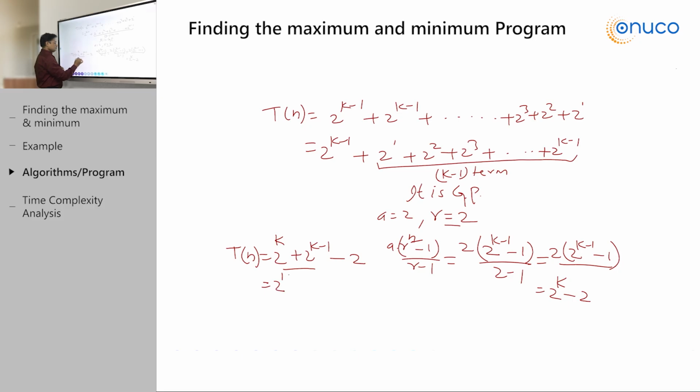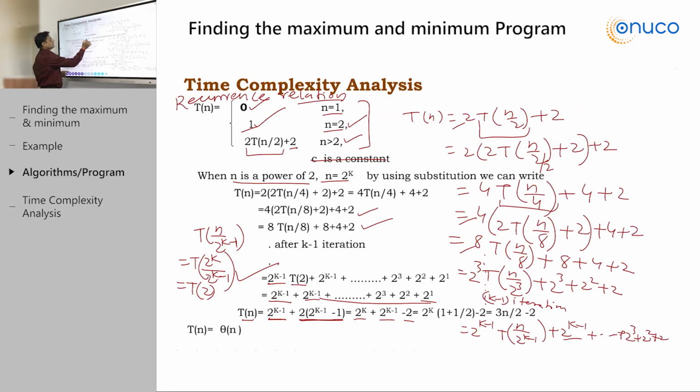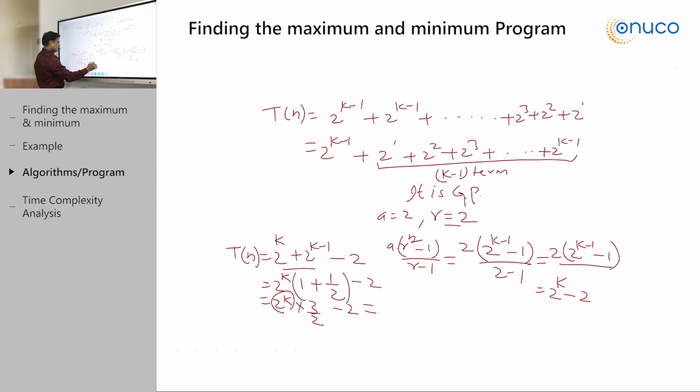What is that? 2^k into 1 plus 1 by 2, and this is minus 2 as it is. So hence we are getting 2^k into 3 by 2 minus 2. And what is 2^k? We have already considered it as n. Hence we can write 3n divided by 2 minus 2.